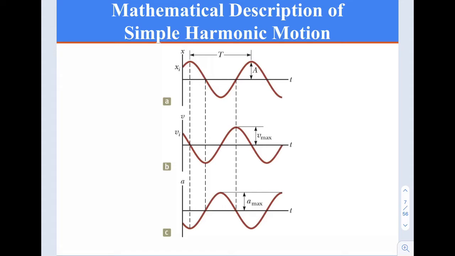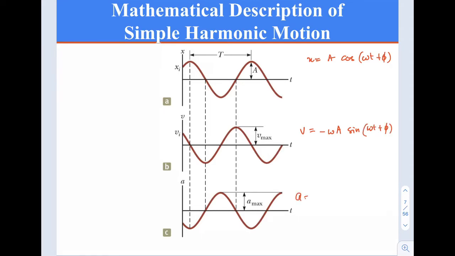So this is the one that we described just now. x is equivalent to A cos(omega t plus phi). And for this one, v is equivalent to negative omega A sine(omega t plus phi).